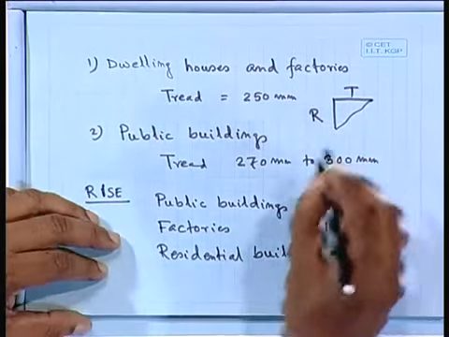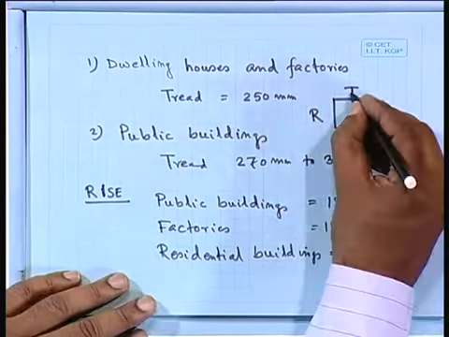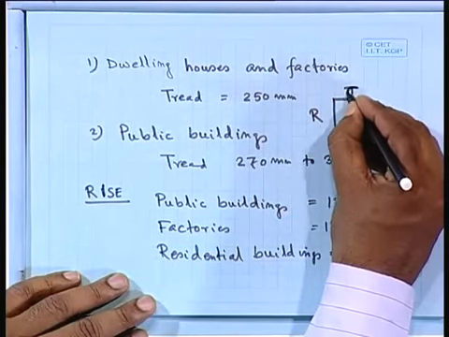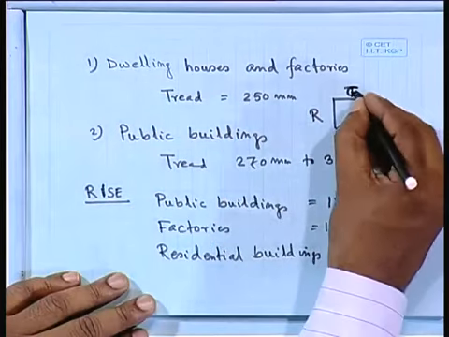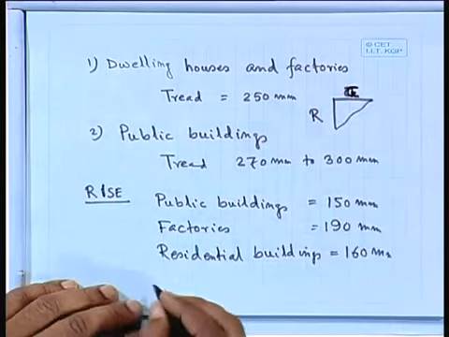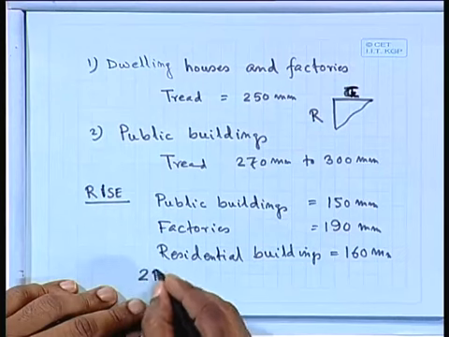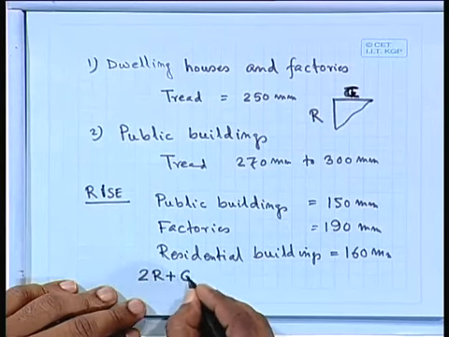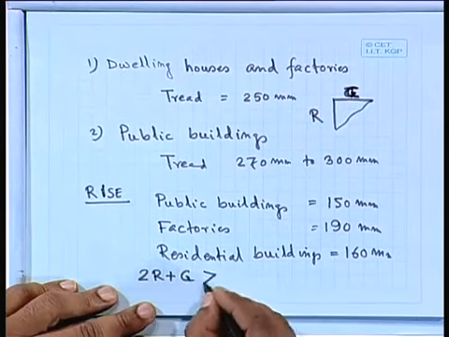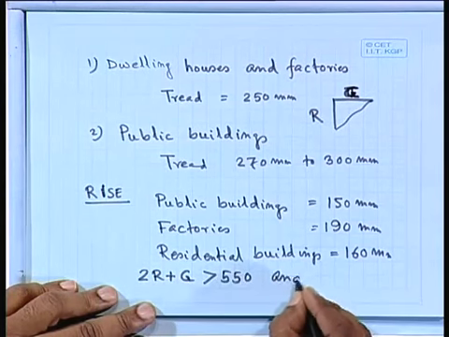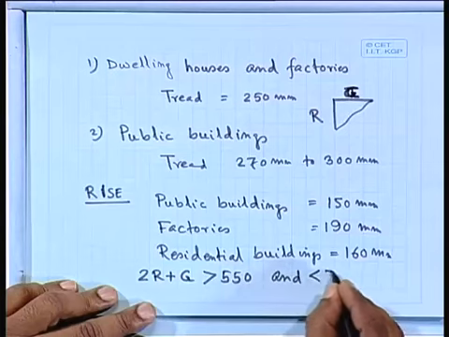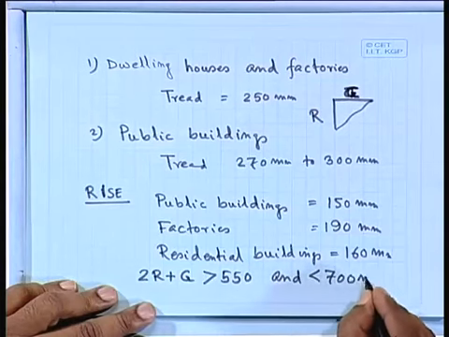There is a popular formula. Generally we write T, or we can write G, the going, for the tread. So now 2R plus G should be greater than 550 and less than 700 millimeter.